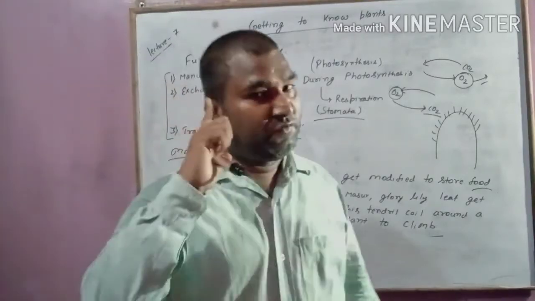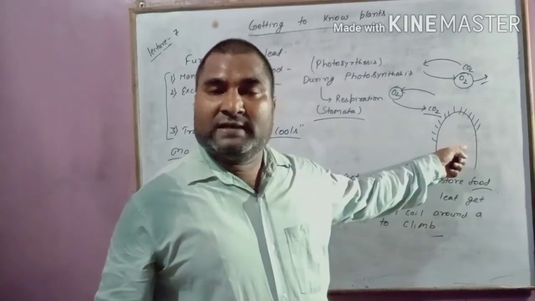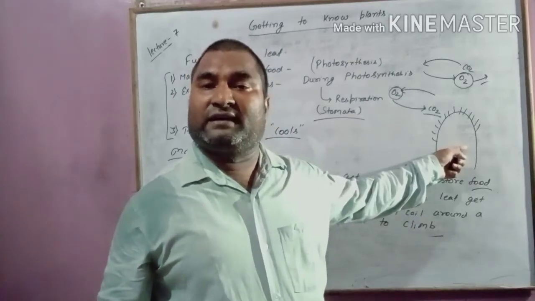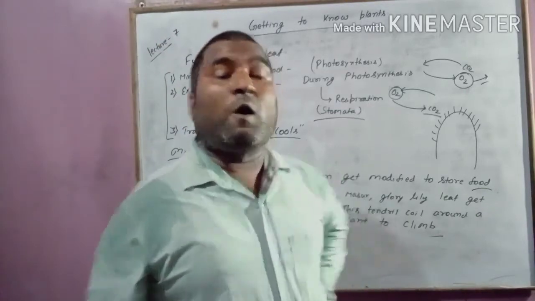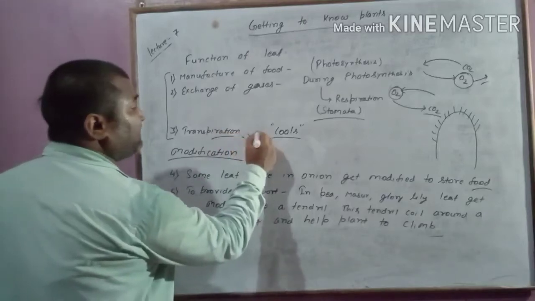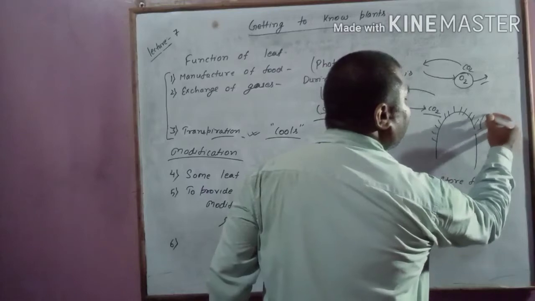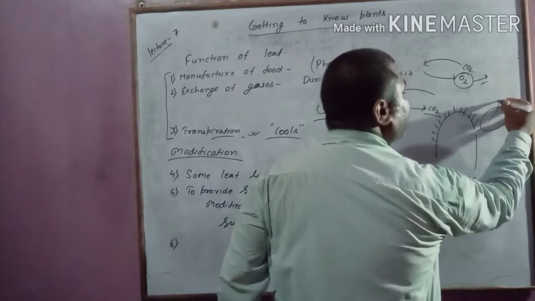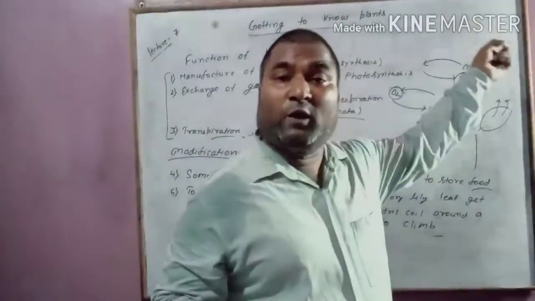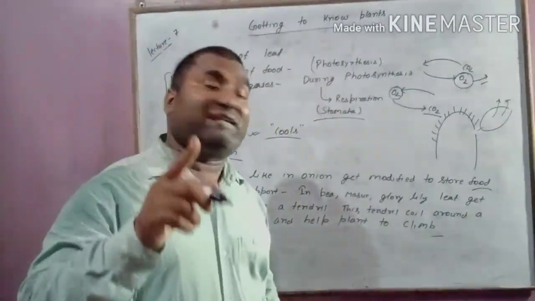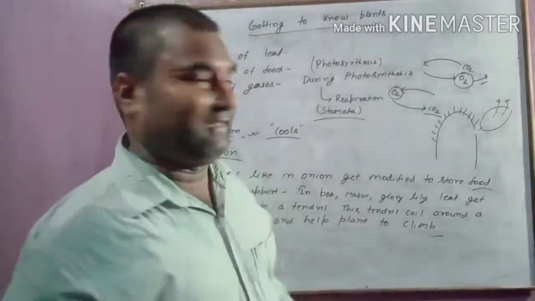has two functions. First, cactus is found in the desert region. Since it is found in desert region, no sufficient water is available, so they cannot lose water during transpiration. If this was a leaf, then transpiration would happen, and if transpiration will happen, then water will lose. So plants in desert area cannot afford to lose water.